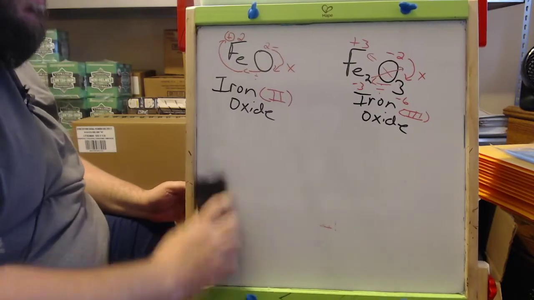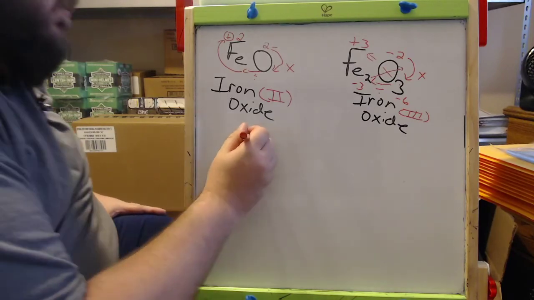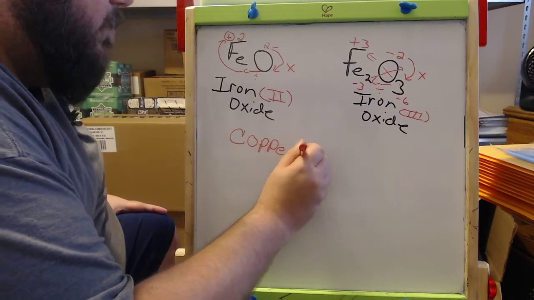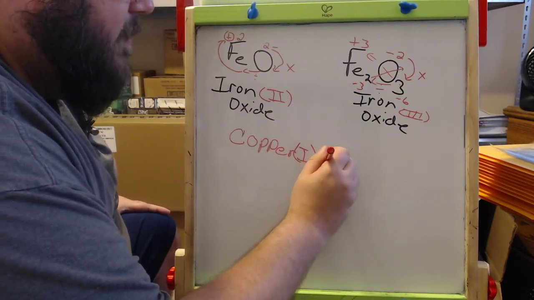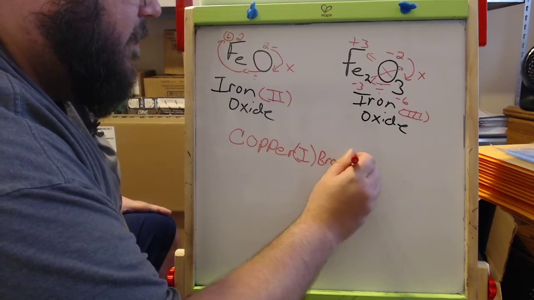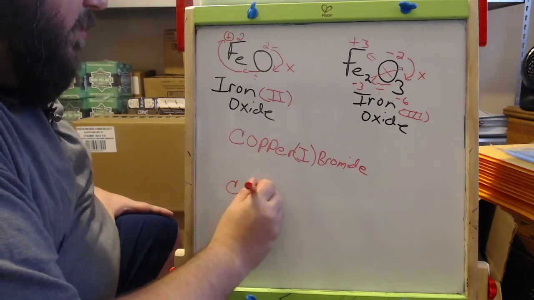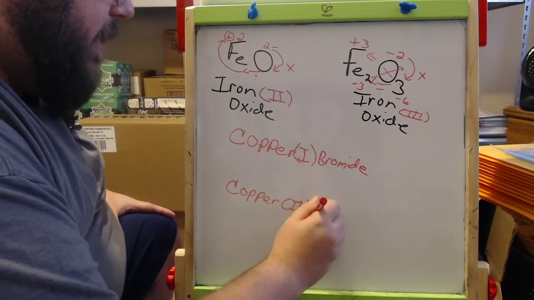So, let's try another one. Let's do this. Copper 1 bromide and copper 2 bromide.